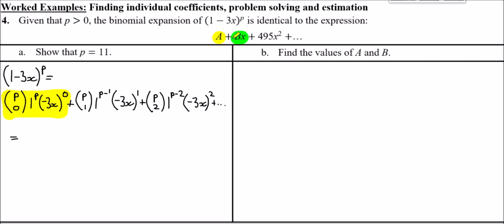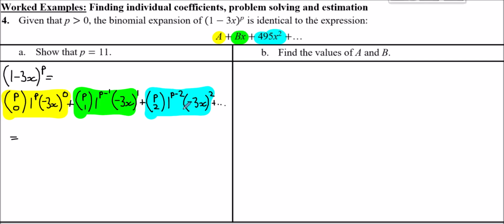Bx is going to be from within this. And 495x squared is going to be hidden within this thing here. So we need to just think about this one I've highlighted in the light blue.